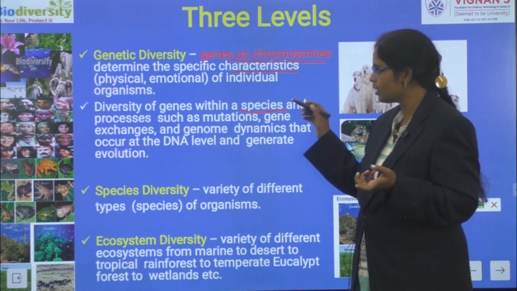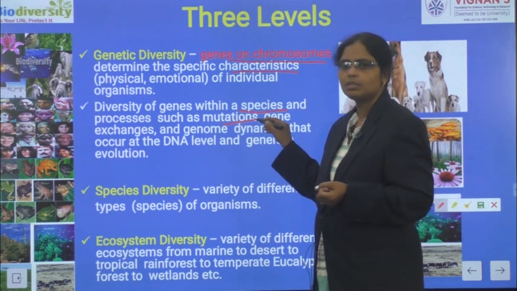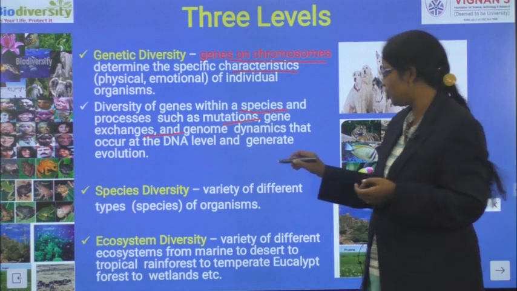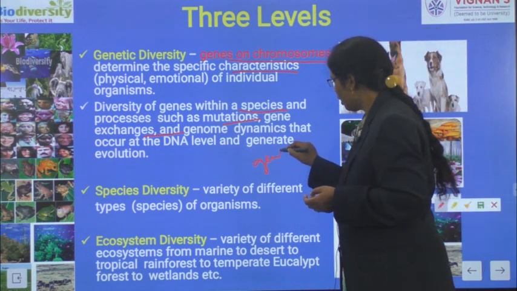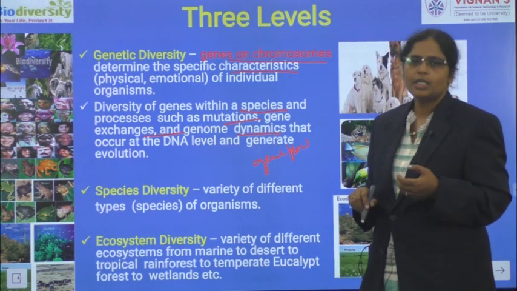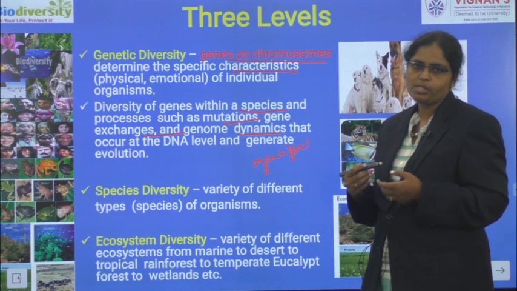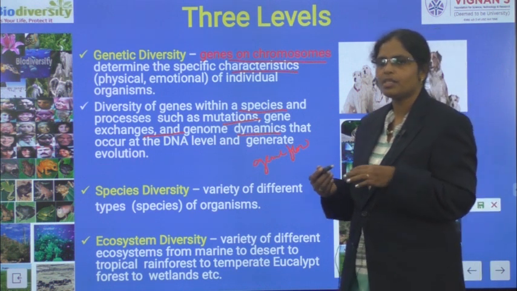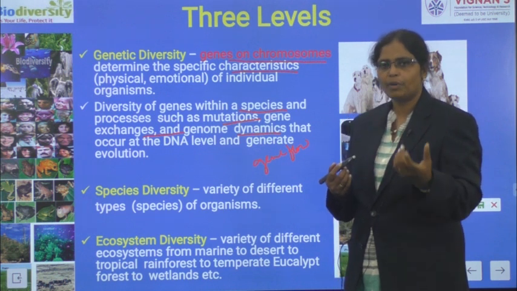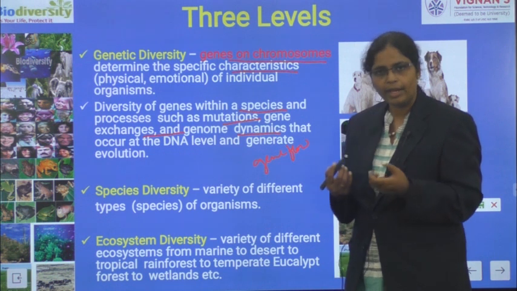These changes in the genes are because of mutations, or because of gene exchange, gene flow, or gene dynamics. So, in the evolutionary process, these microorganisms are symbiotic with other organisms also. Some organisms are symbiotic with plants, some with animals, some with viruses.